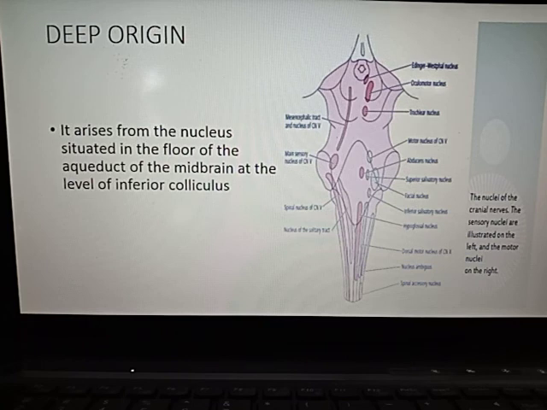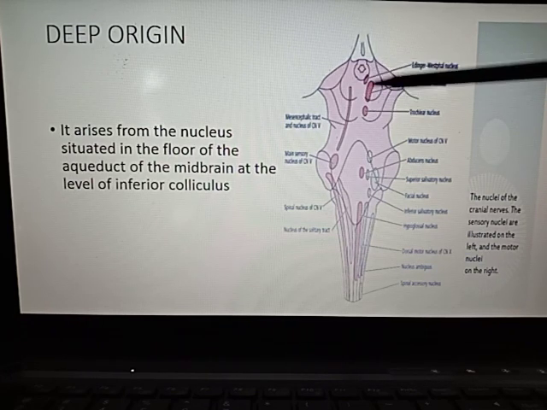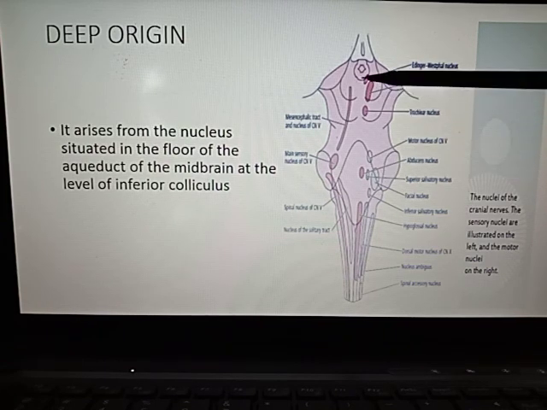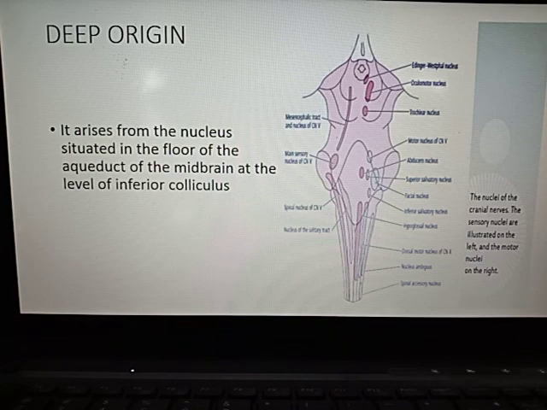These are one nucleus, and this is the trochlear nucleus. It lies in line with this oculomotor nucleus and also with this abducens nucleus. These things form one line. So this nucleus lies in the line of the nuclei of the oculomotor, abducens and the anterior horn cells of the spinal cord.